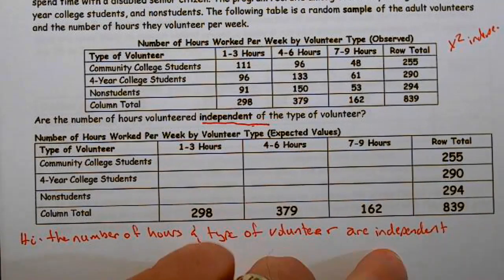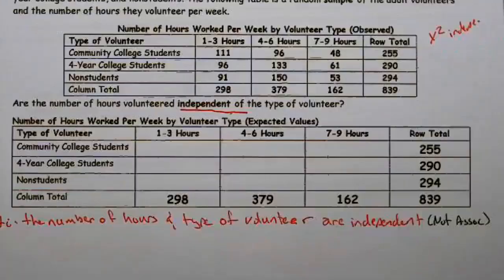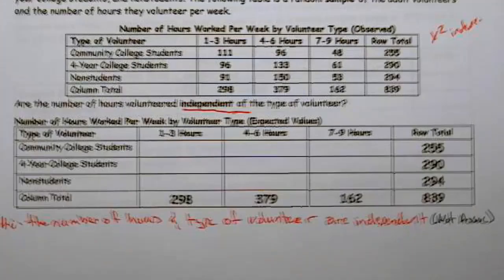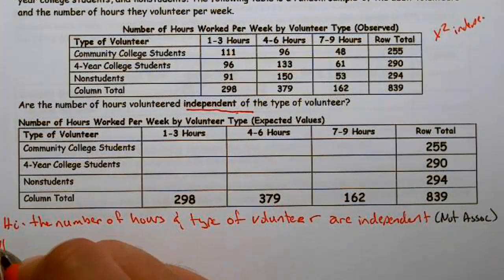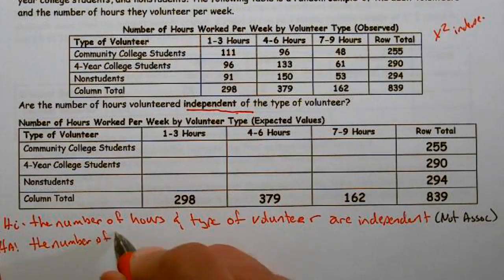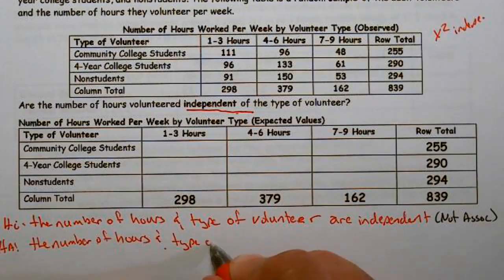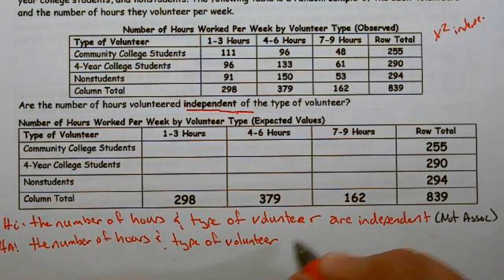I'm going to make a little note to myself, which is "not associated," and I'm just going to abbreviate because I'm out of room. All right, HA: the number of hours and type of volunteer are not independent.